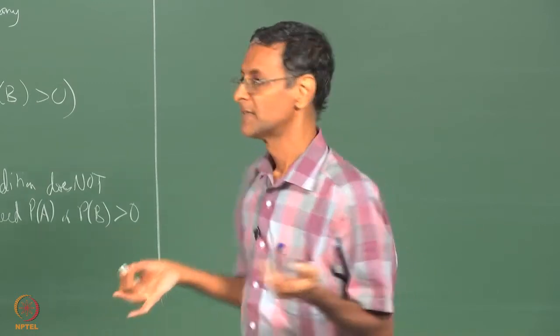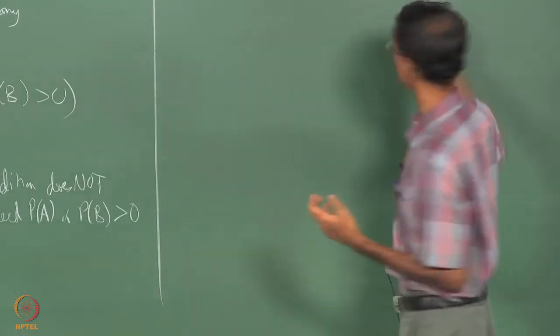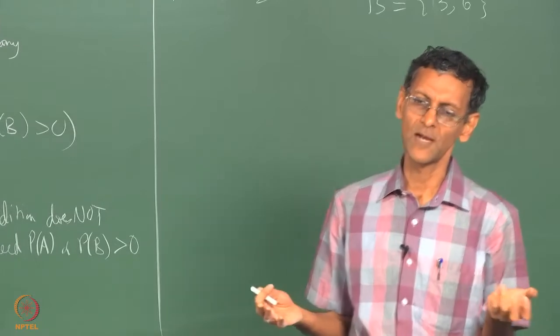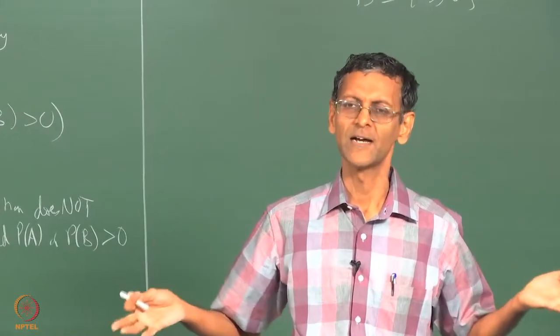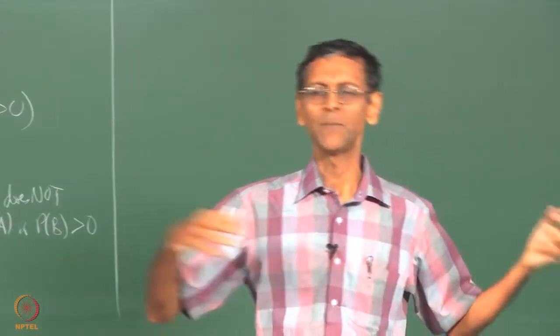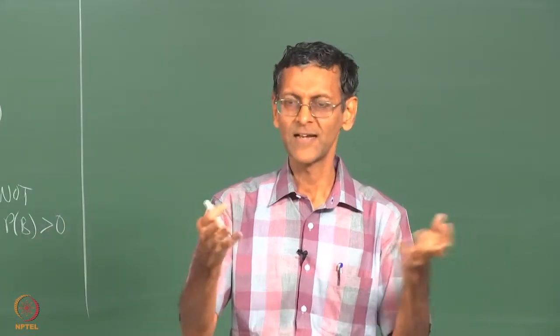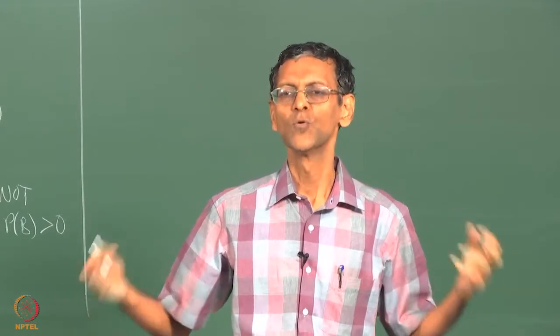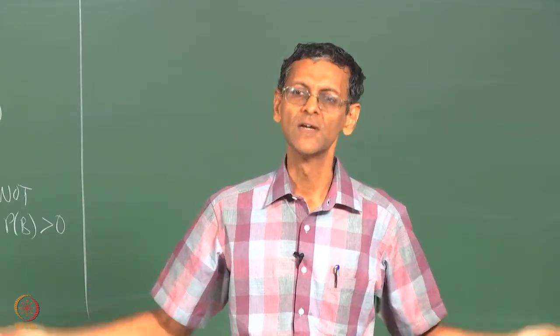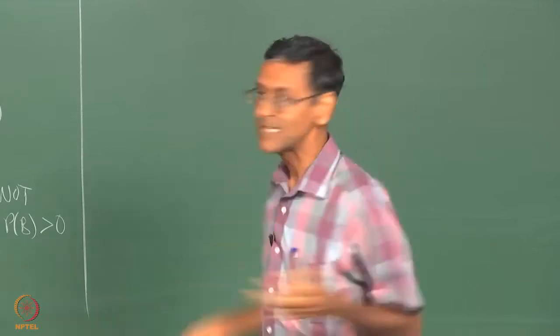You wanted to look at independence and mutual exclusiveness in the same example? If that is the point of the question, yes. 2, 4, 6 and 1, 3, 5 are exclusive. 2, 4, 6 and 3, 6 are independent.